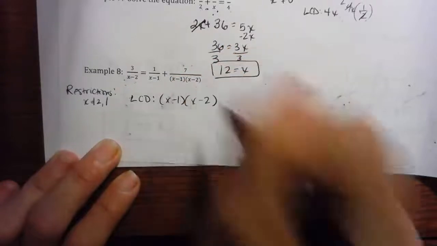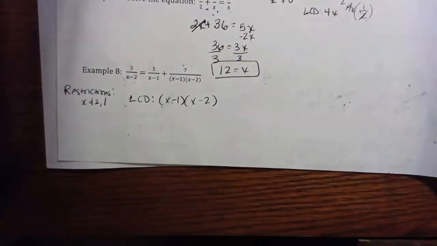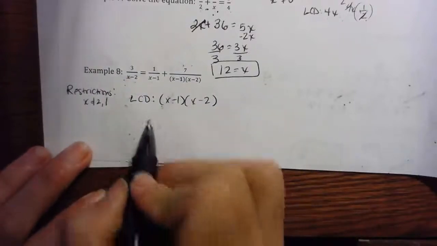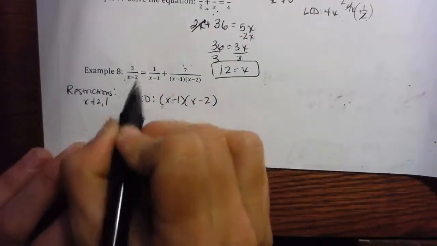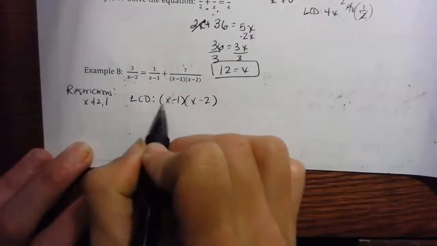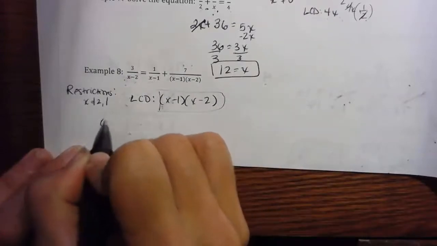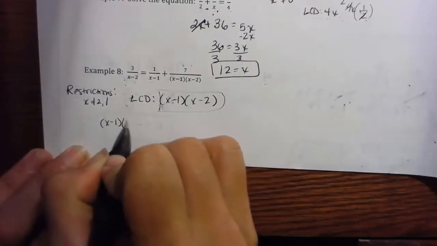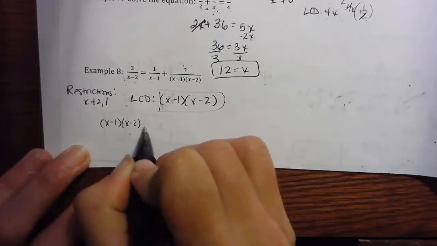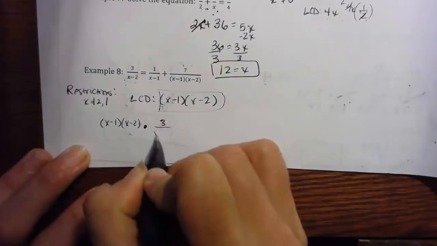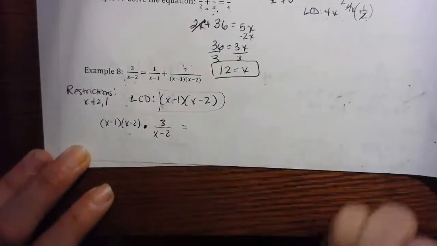So that whole thing. I'm going to encourage you guys to do this mentally, but I will show you the principle on the first fraction. If I multiply x minus 1, x minus 2 by each and every fraction, this is the principle of what's happening. Say I have x minus 1, x minus 2 times 3 over x minus 2.